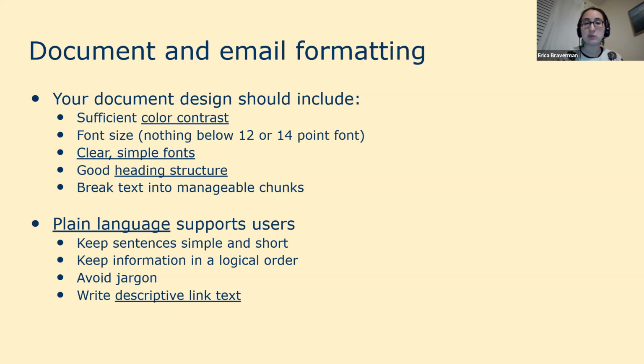Plain language, which means clear, simple, logical, not too much jargon, really supports everyone, but it can especially make a difference for users with learning disabilities or cognitive disabilities or neurodivergent users. And then also descriptive link text. I've linked a resource there. That is a link that says right in the text that is linked where it goes and what it does.